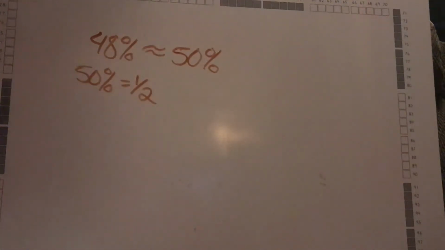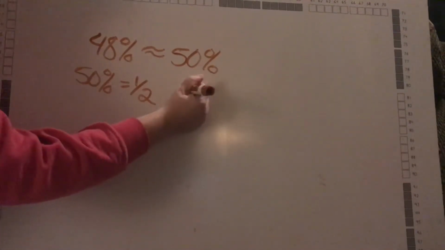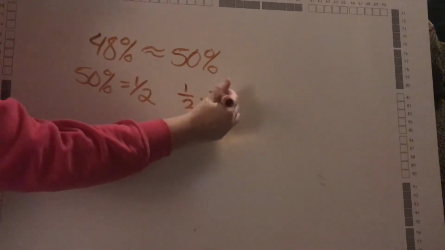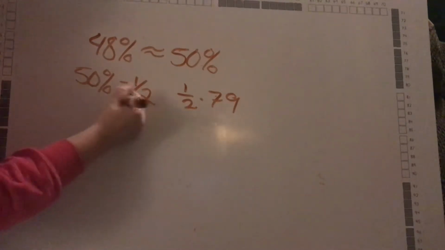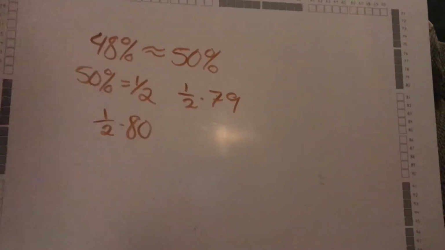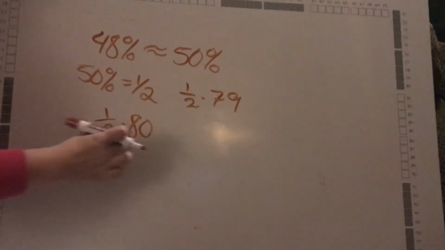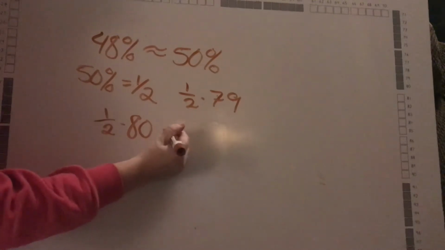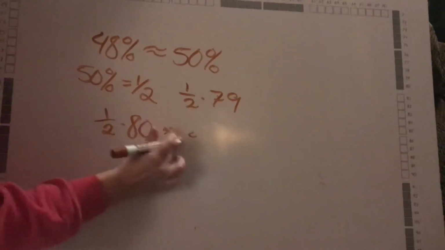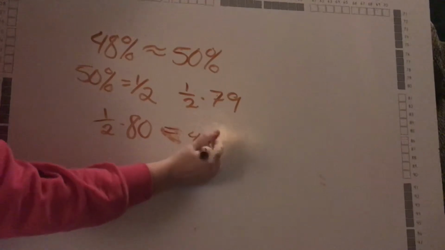Now they give us a number of 79. Well, we're going to round 79 up to 80. So instead of saying 1/2 times 79, we're going to say 1/2 times 80. Well, we should already know what is half of 80. You should be able to get that pretty quickly, and this answer is definitely 40.